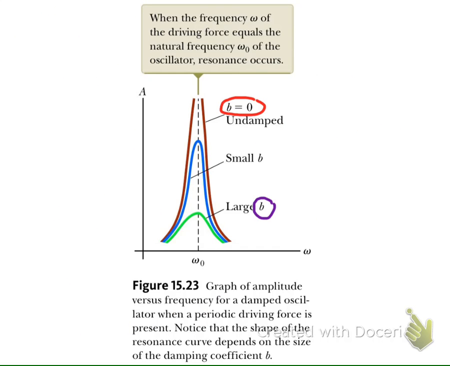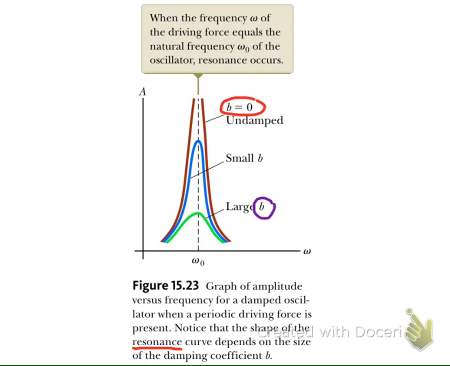But in a real situation, we cannot have a system with B exactly equal to 0. We may have a system with a very small value of B, so you can have a very large amplitude of oscillation when you apply the external force to the system with frequency omega equal to omega 0. We call this phenomenon resonance of the oscillation.